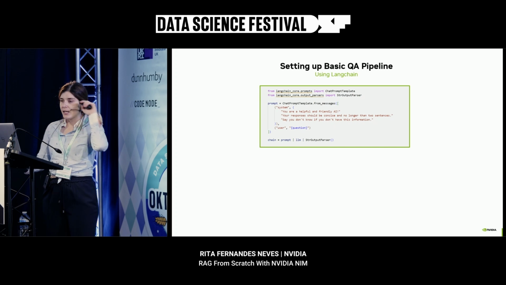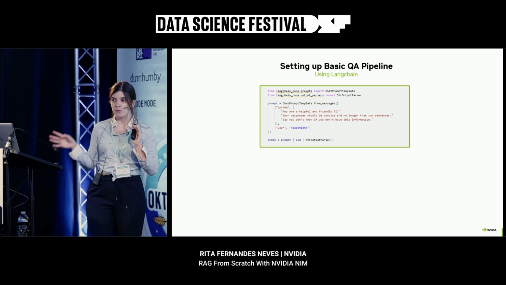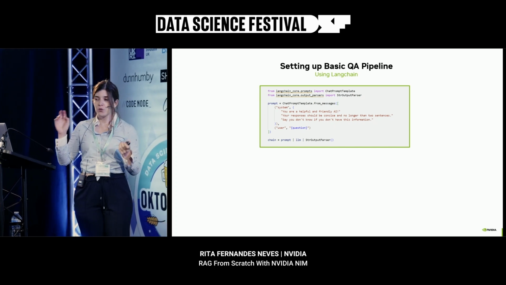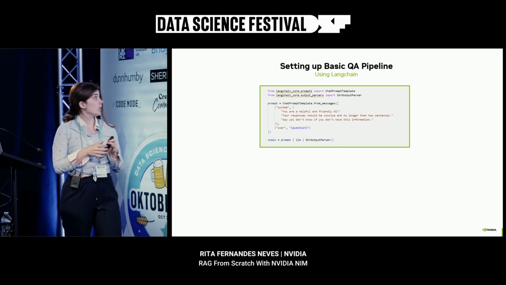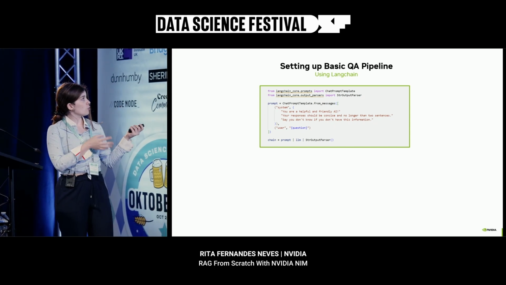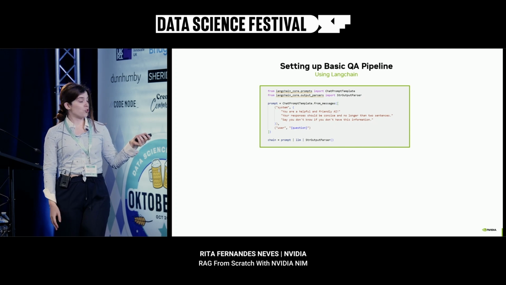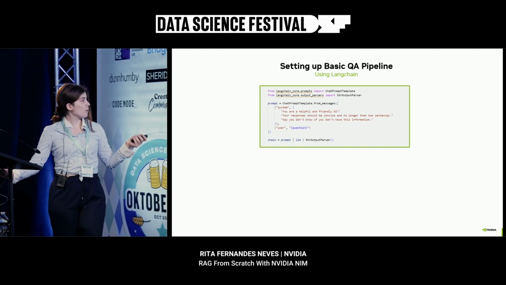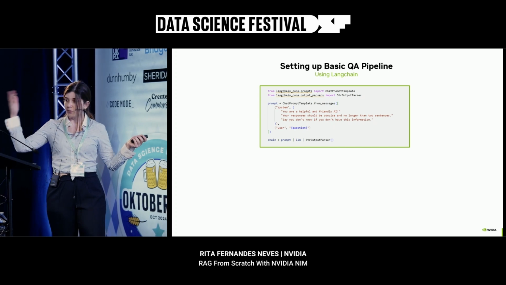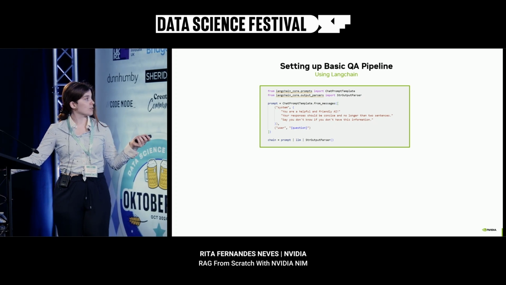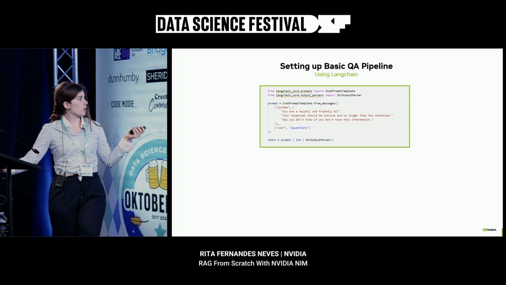Then, setting up a basic QA pipeline. This is very similar to what I showed with the example of the movie. So in this case, again, you're using LangChain, and you're building a chain with a prompt, the LLM that we called on the previous slide, and of course, a string output parser.